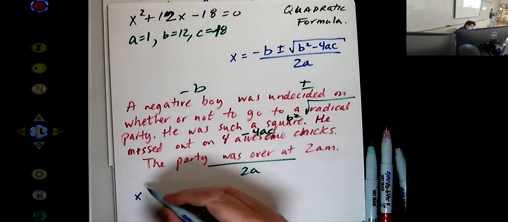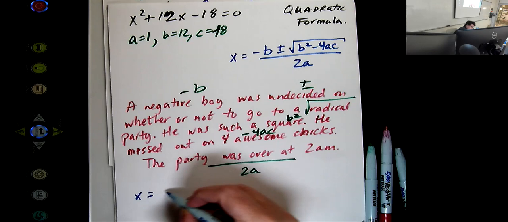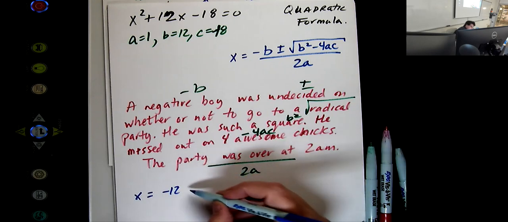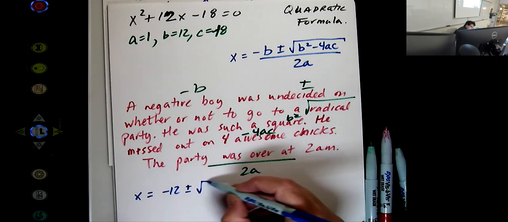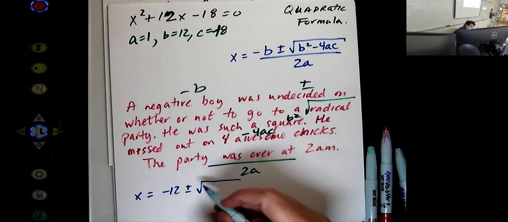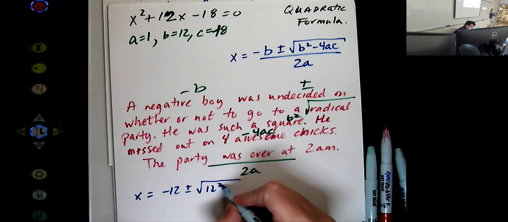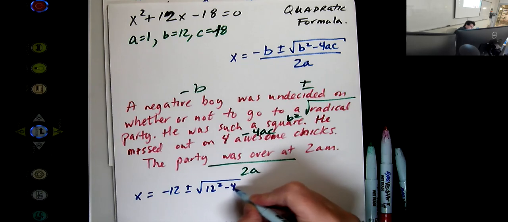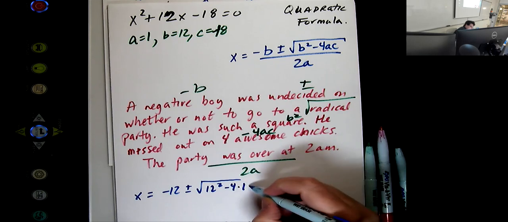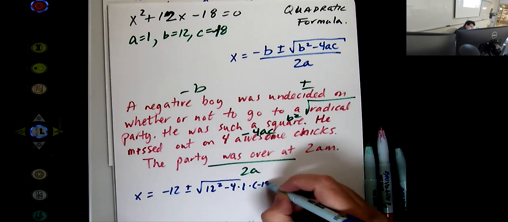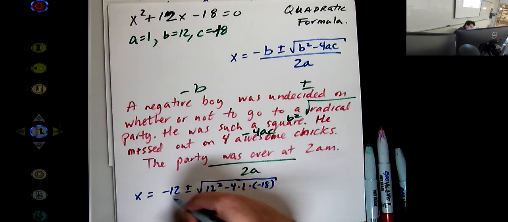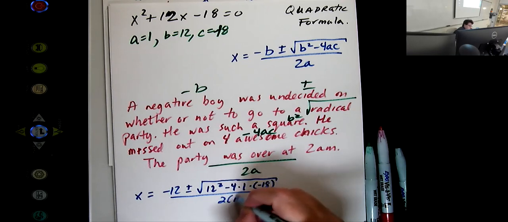X equals negative b, which is negative 12, plus or minus the square root of b squared, 12 squared, minus 4 times 1, which is my a, times negative 18, all over 2a, which is 2 times 1.